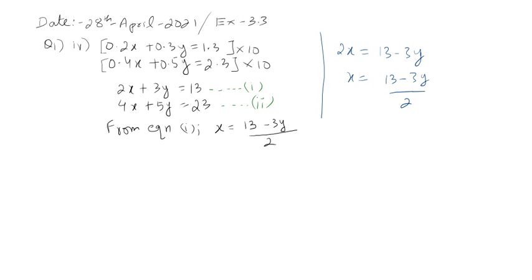So this entire thing I have written directly here. You can also split it and do it like this. I'll put a star mark here, that if you want to, you can follow this. Otherwise, you can directly do this question like this, right? So now this is the value. This is our third equation.